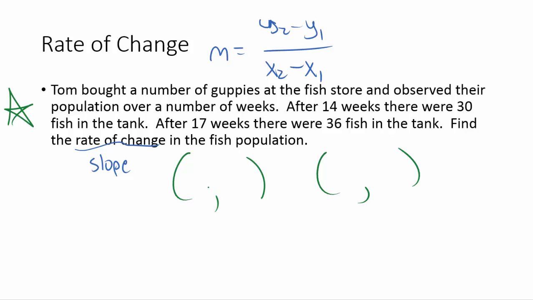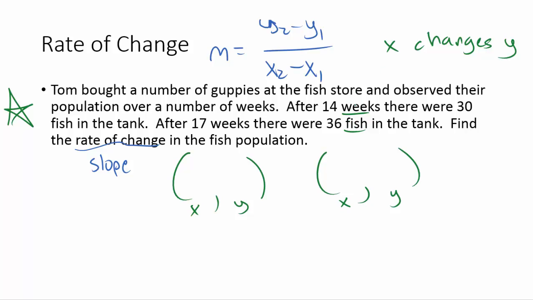Now, the tricky part is going to be deciding which variable, is it the weeks or the fish, that represent x and y. And we said earlier in a previous video that x changes y, or the independent variable is x and the dependent variable is y. This is how we tell which variable is going to be x and which variable is going to be y. So if we look at the two things that are changing here, we have the weeks and the fish.